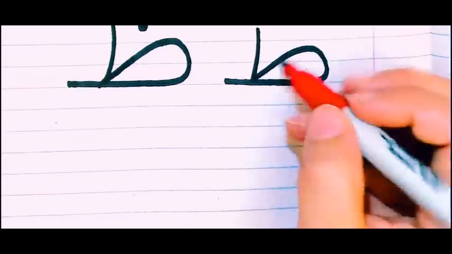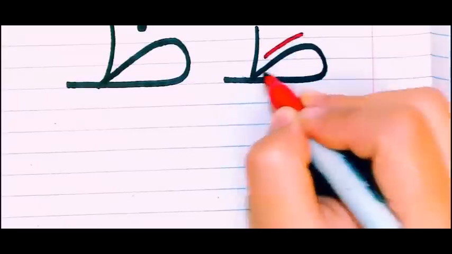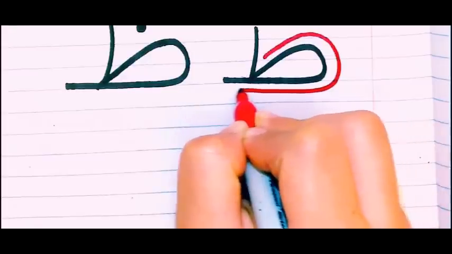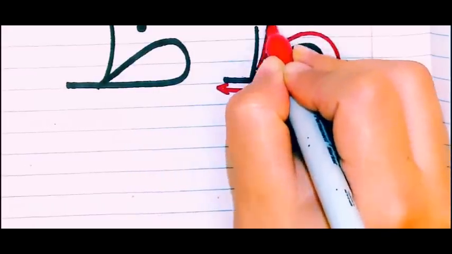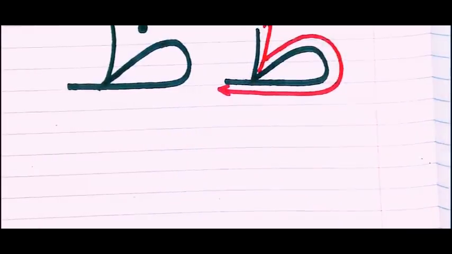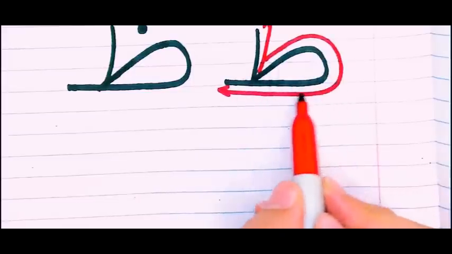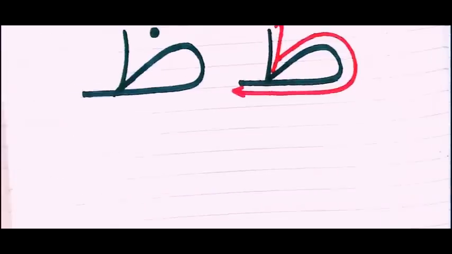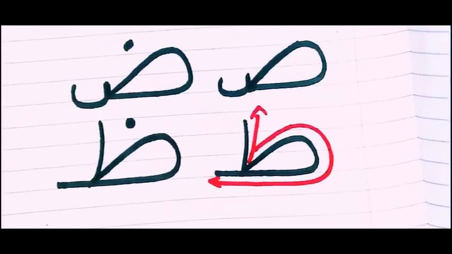So if you're doing the ta shape, go this way. And you go again, and you go this way. And you put this stick up. Like this, and you just put the stick. You can look at these four. They're kind of the same.